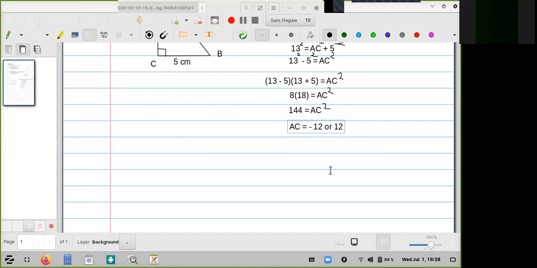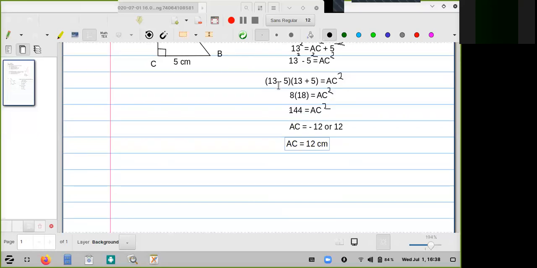But since we are talking about length, then we will simply say AC is equal to 12 centimeters. That's our AC.